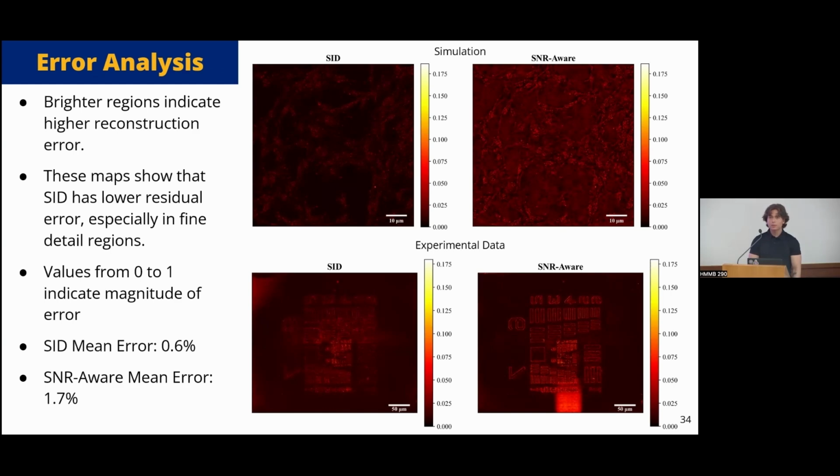This is consistent with the structural similarity index that we calculated earlier. The SID model had a mean error of 0.6%, while the SNR-aware model had a mean error of 1.7%. Both of them are relatively low for these deep learning models.